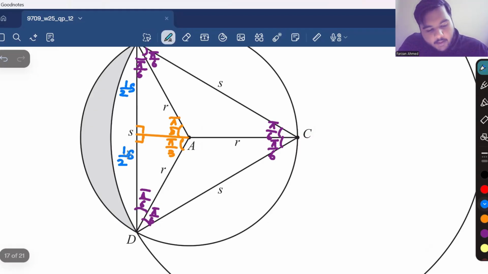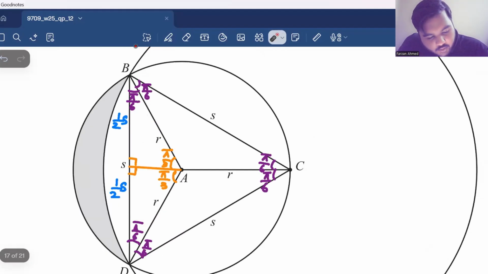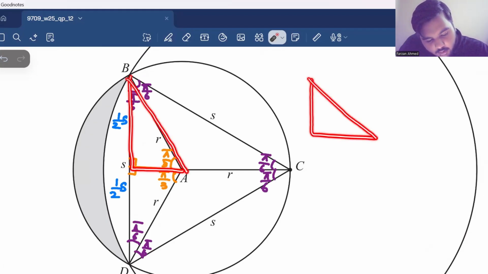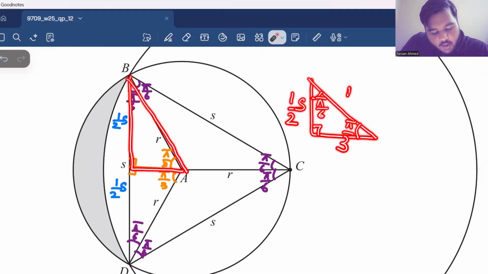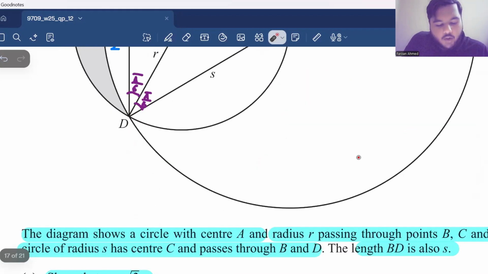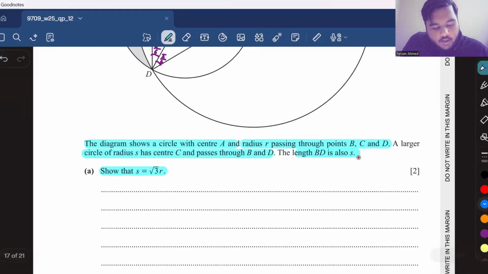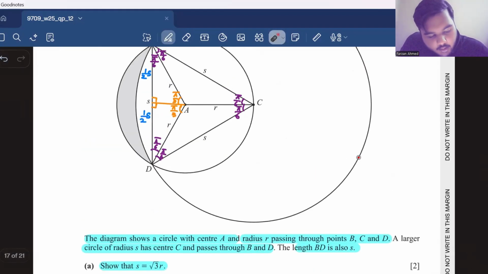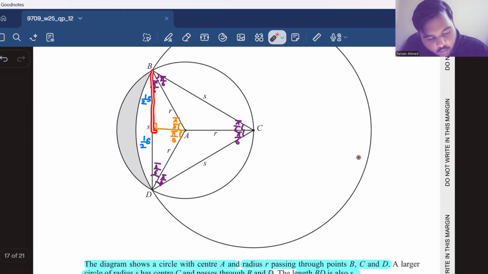Now, I'm using this triangle. If we use this triangle, we know that this is pi upon 6, this is 90, and this is pi upon 3, and this side is 1 upon 2 s. So, we can use a trigonometric ratio. How? We will use SOHCAHTOA. In this triangle, cos is being applied.